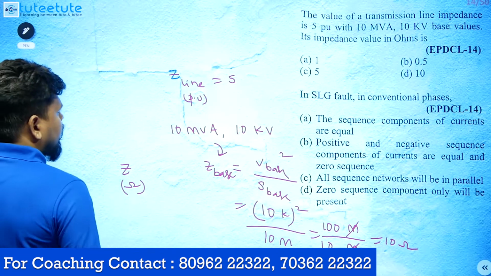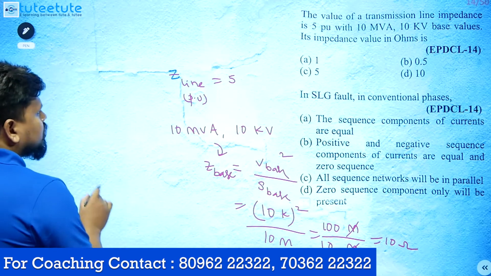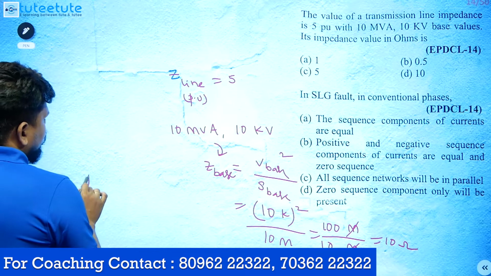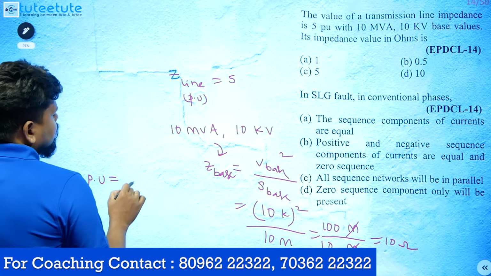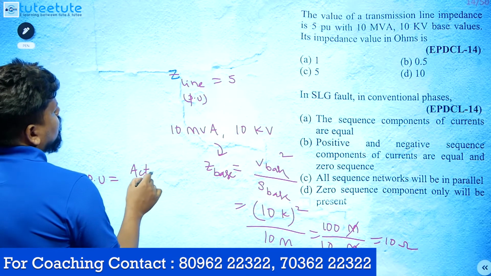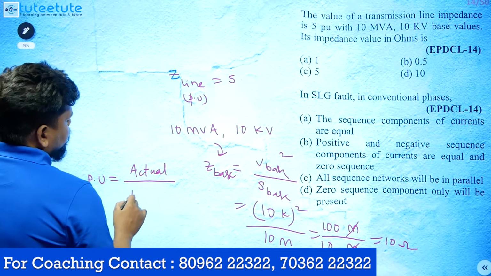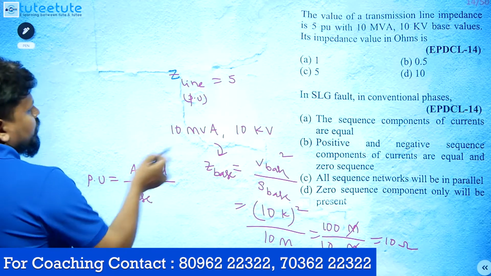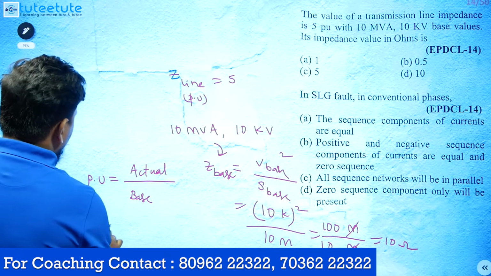Now Z in ohms they have asked, we have to calculate. Per unit value is nothing but actual value divided by base value. The per unit value is 5 as given.